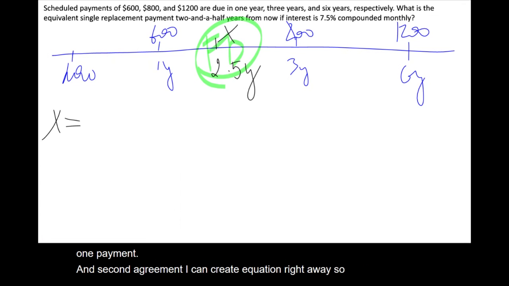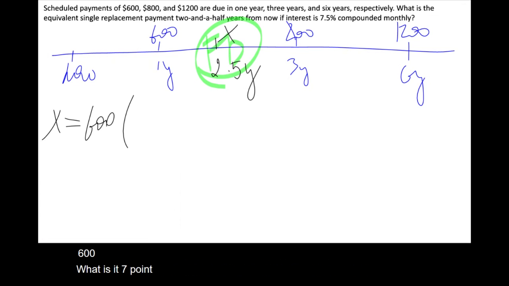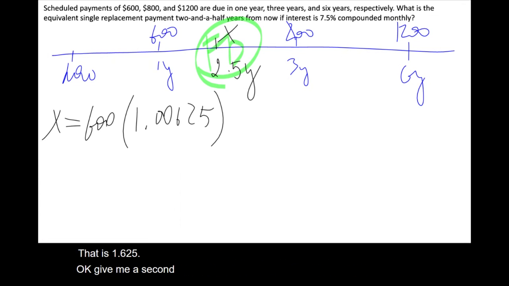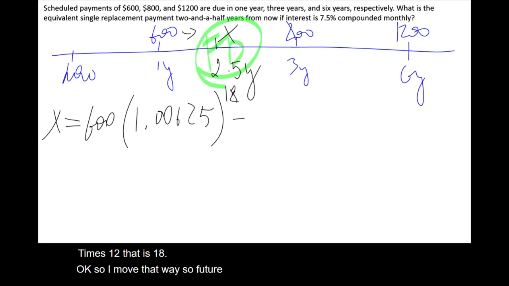So X is 600 times, what is it? 7.5% monthly. Let me calculate. That is 1.00625. Okay, give me 1 second. I memorize it. And then 1.5 years times 12, that is 18. Okay, so I move that way. So future value formula, right?